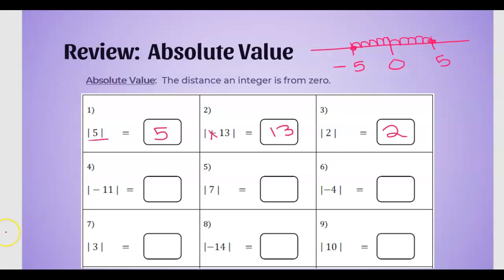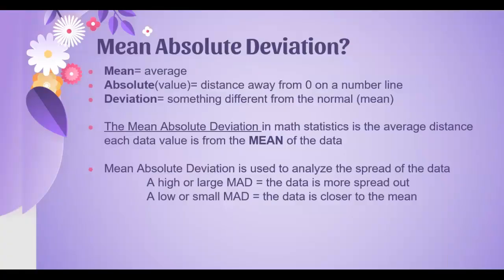Okay, welcome back. I hope that you were able to figure out the absolute value of the rest of these numbers. And you see a pattern. They're all positive numbers. Because when we talk about distance, we talk about distance in the number line. Let's break down what mean absolute deviation really means. All right, we know that the word mean is the average.